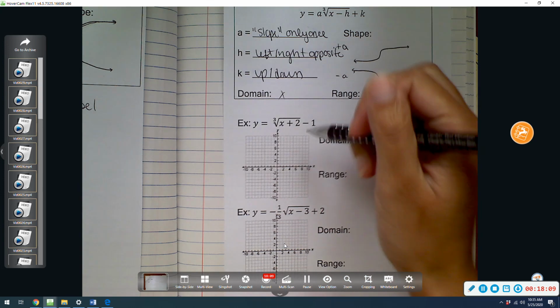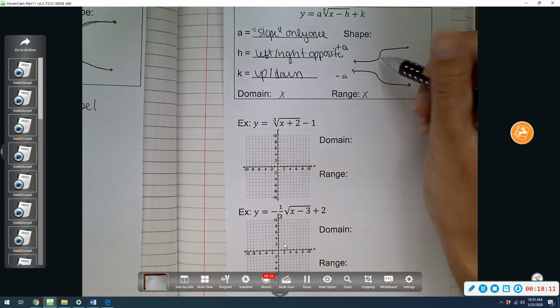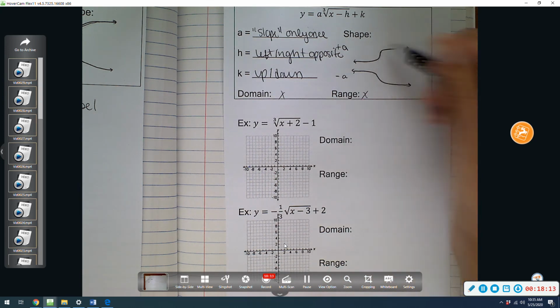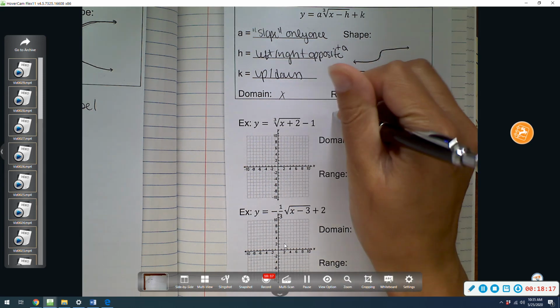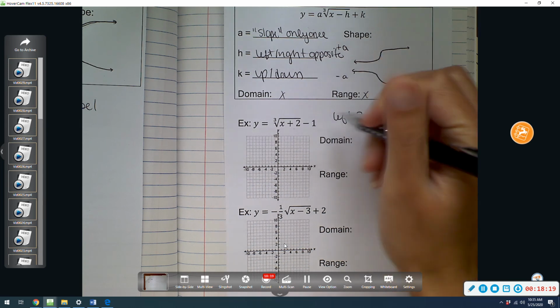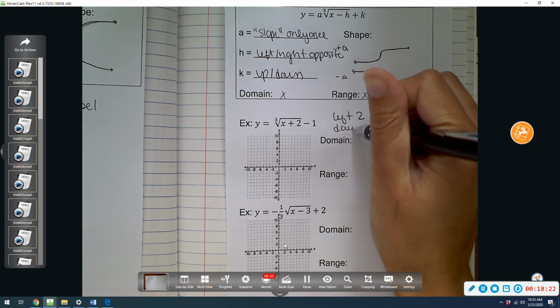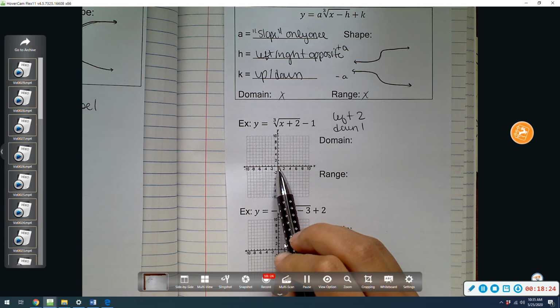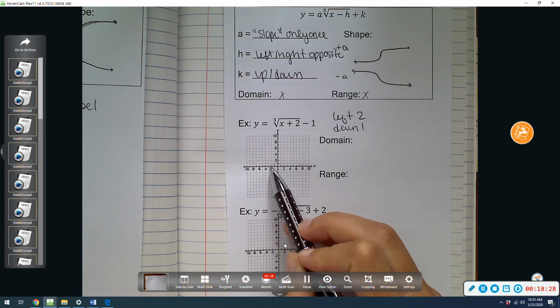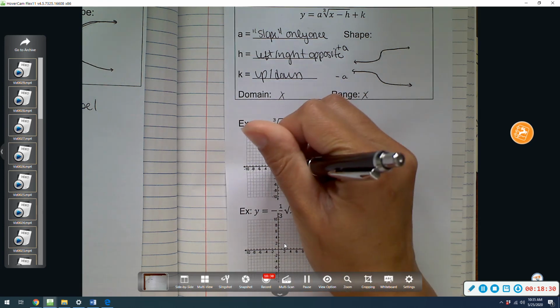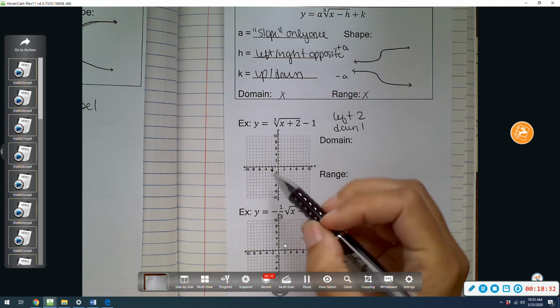But I can also tell that this stretchy S, in that spot where it changes direction, got moved left 2, because opposite, and down 1. Which normally starts at 0, 0, but this one got moved left 2, down 1, and so that's where the change happens, right at this spot.